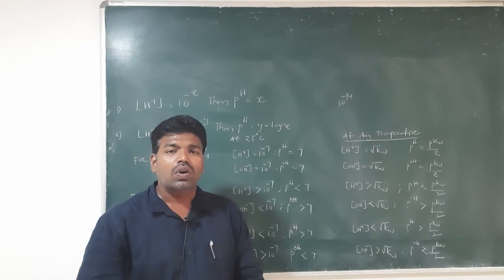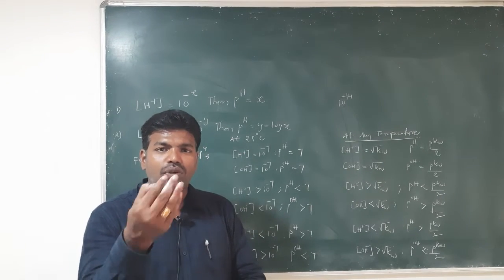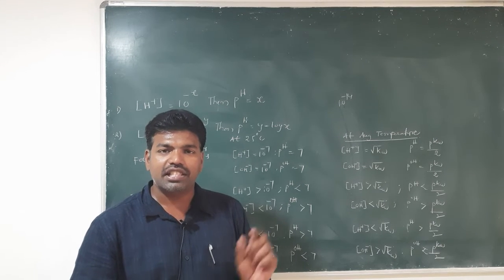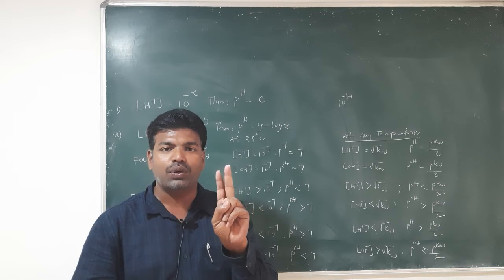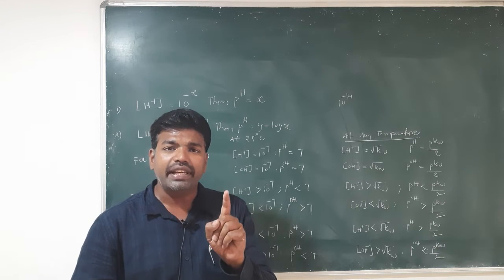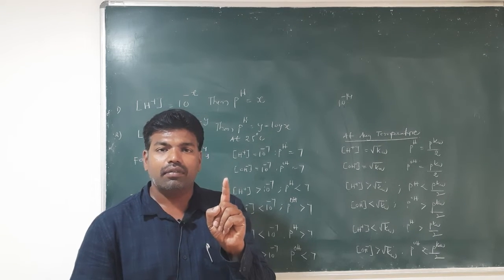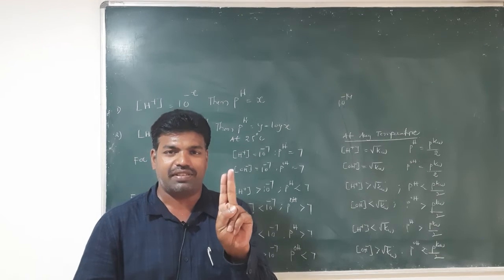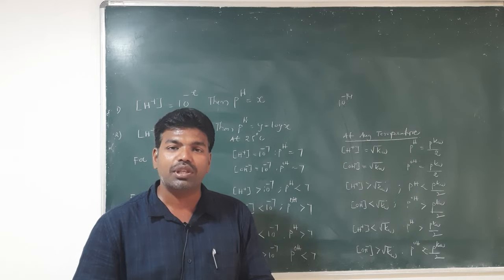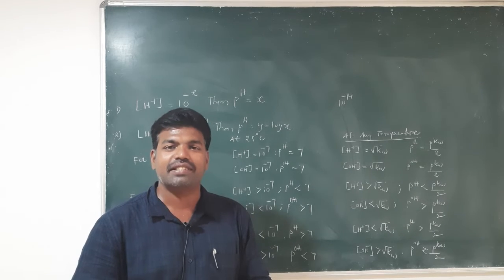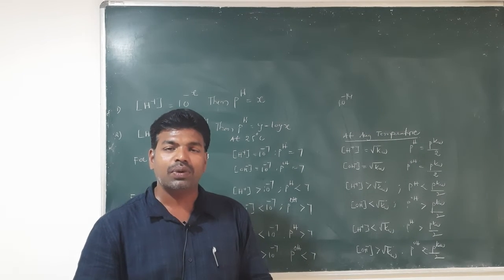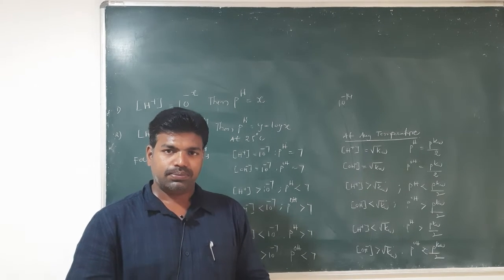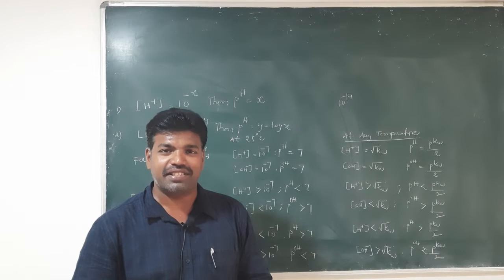Before we solve a few problems, I shall sum up this class in 2 points. From the last videos we came to know the 2 definitions for pH. pH is the negative logarithm to the base 10 of the concentration of H plus ions, and pH is also the negative logarithm to the base 10 of the activity of H plus ions.